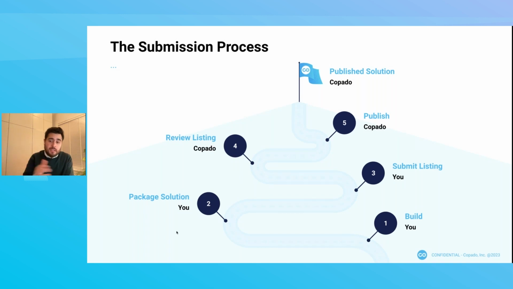So you basically submit your solution, you package it, then we will review it, and eventually we're just going to declare it published, and then it's available for our 65,000 community members and 1,200 customers. So I really invite you guys to innovate together with us, and I hope that we can get some of that innovation to our community.